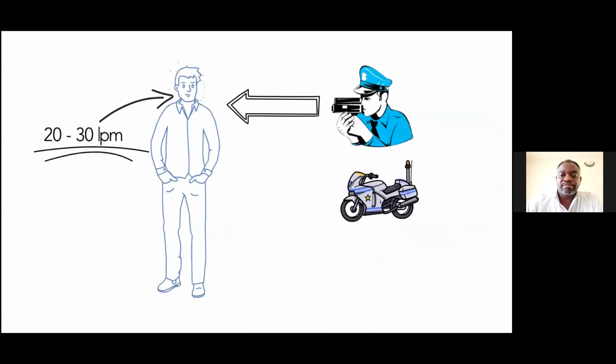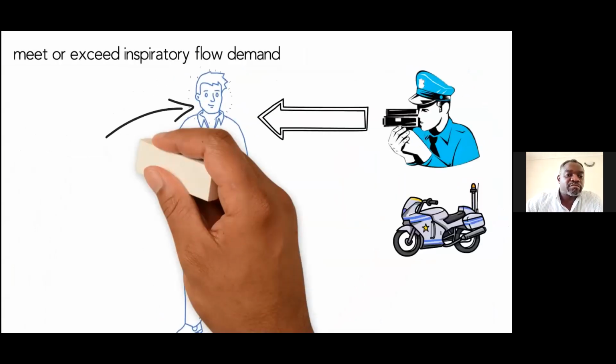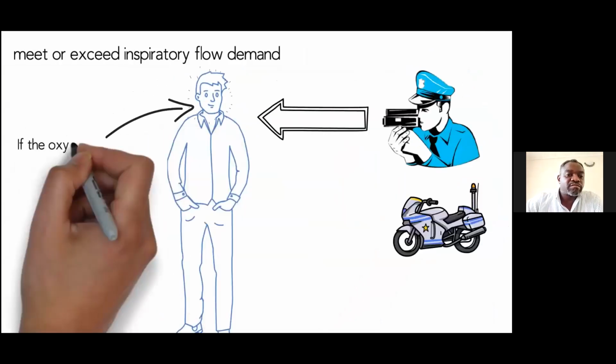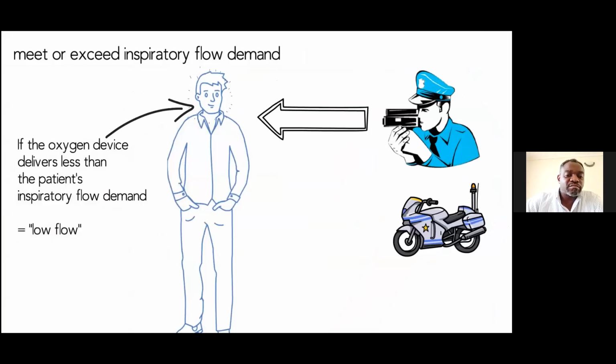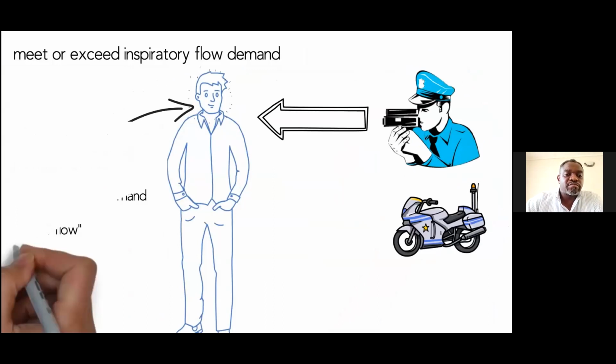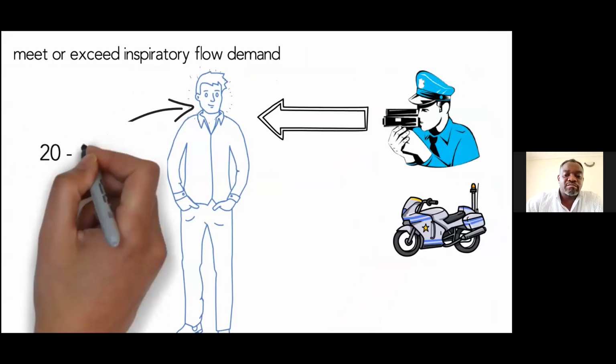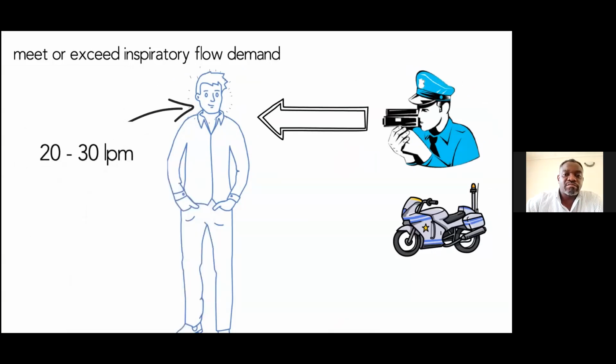So high flow therapy should be capable of matching the inspiratory flow, or even exceeding it. If an oxygen device delivers less than the patient's inspiratory flow, then the delivery is called low flow. So because the average adult at rest inhales at a flow of 20 to 30 liters per minute, a high flow device should be capable of delivering at least that much.